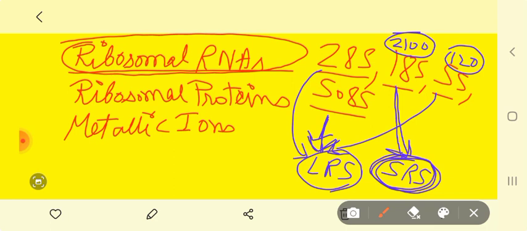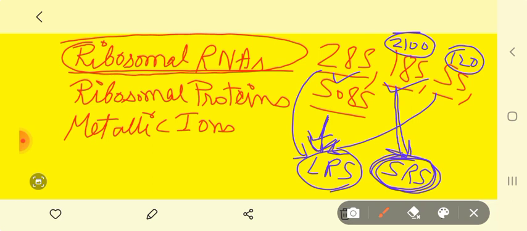One important thing mentioned here is that the 18S rRNA and the 28S rRNA are composed of ribonucleotides, but they contain many methyl groups, mostly at the 2' position of the ribose sugar.